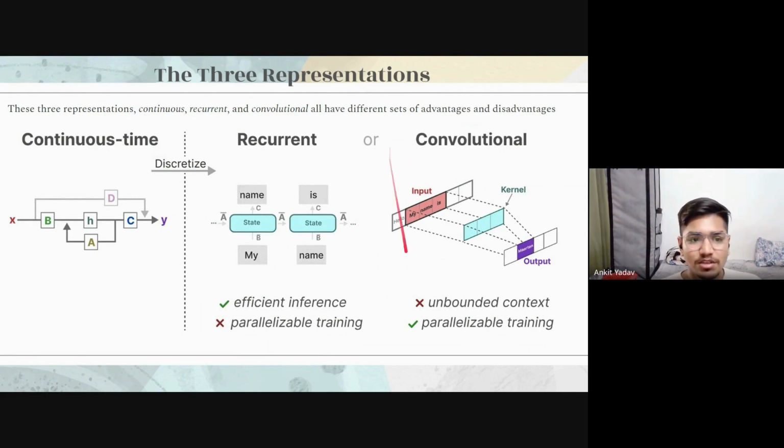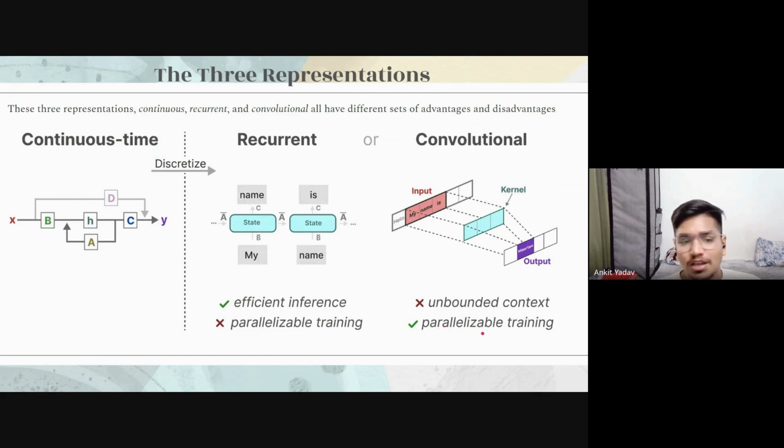So if I look at it in terms of an image, I can use multiple kernels at a time. Unless they are overlapping, I can use them. One kernel can be in this corner and one can be in this corner. So this creates a parallelizable effect. And if we remember, this effect was there in the transformer also.